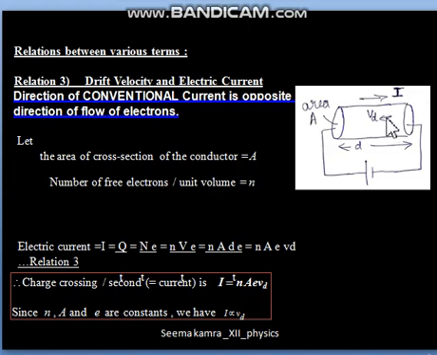Because they have acquired a velocity, moving in a specific direction, they are making a current. Whenever the net movement is achieved by the electrons or by the charges, we say that current is formed. So the current is formed when the battery is applied. Battery means a potential difference device, the device which will apply the potential difference.